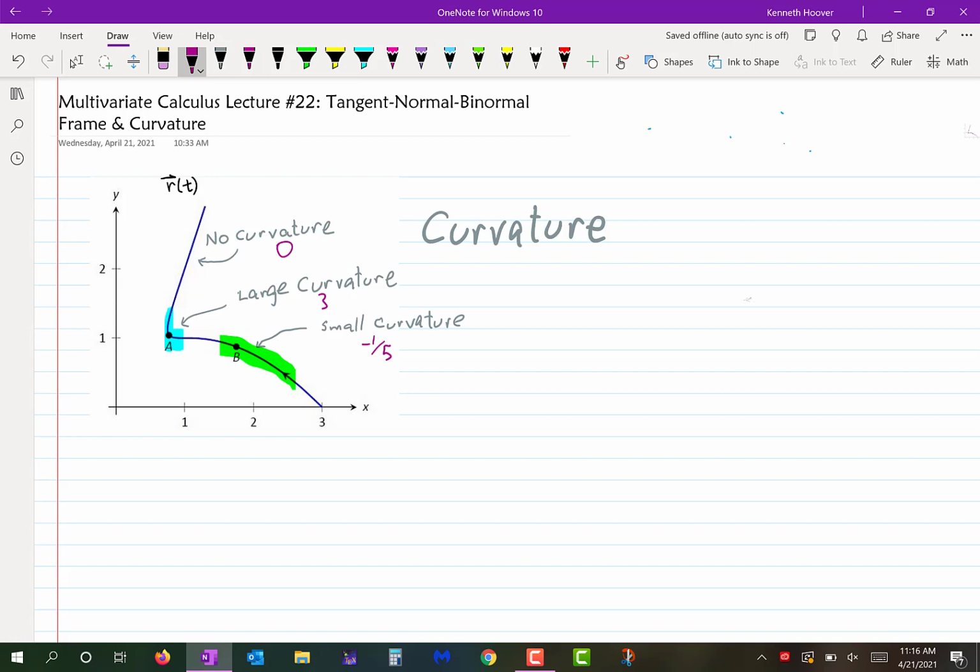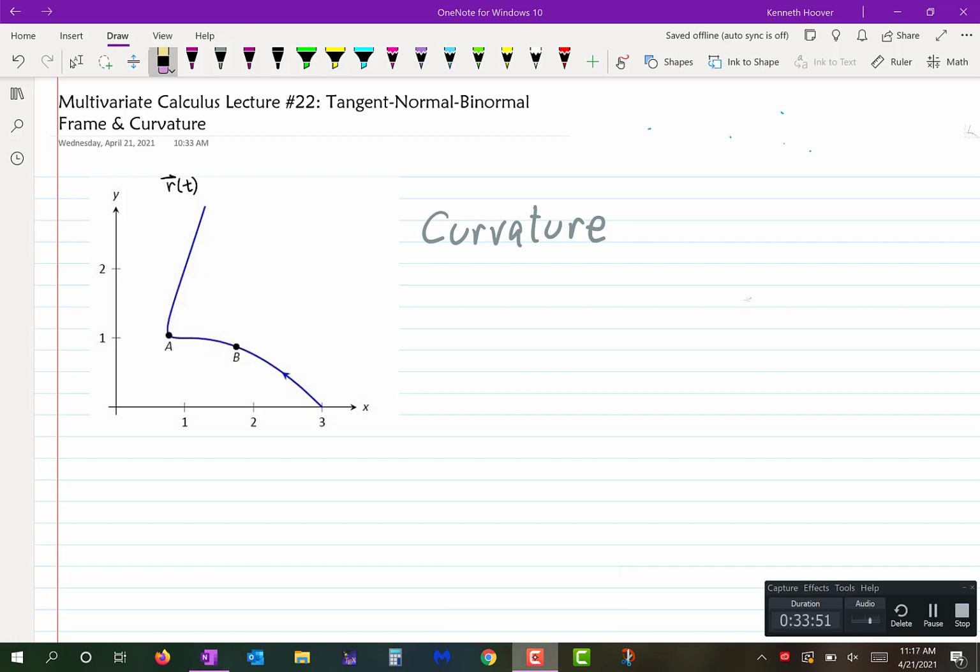Okay, that's the idea of curvature. So let me show you how you calculate that number. There's many different ways, and you are welcome to use whichever one is easiest for you. So first of all, for the name of curvature, we call it kappa.